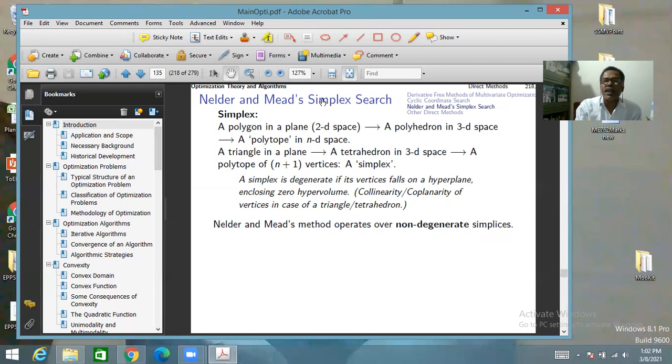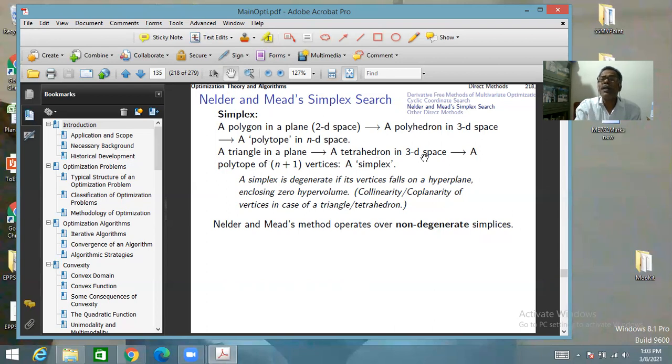Now, what is a simplex? That is the first question. You know, in a plane, 2D space, you know a polygon. The corresponding thing in the 3D space is a polyhedron, right? And the corresponding thing in a general n-dimensional space is called a polytope. Now, among polygons in a plane, the one which has the least number of vertices and sides is a triangle, okay, having 3 vertices.